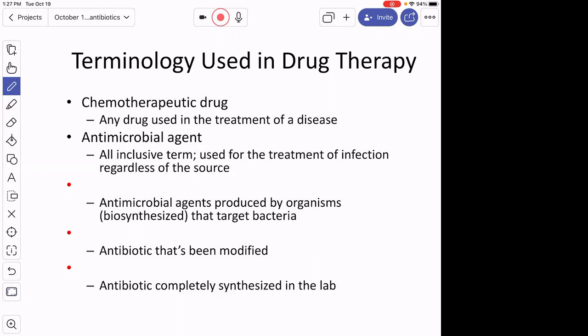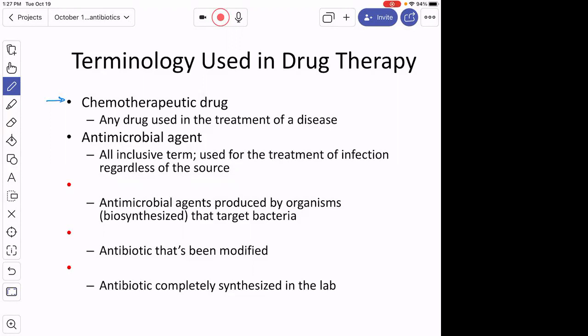All right, so we have to get straight with some definitions. We're going to try to use these in the correct sense. Sometimes the word gets corrupted a little bit, or we use it a little bit loosely, but we'll try to use these terms correctly.